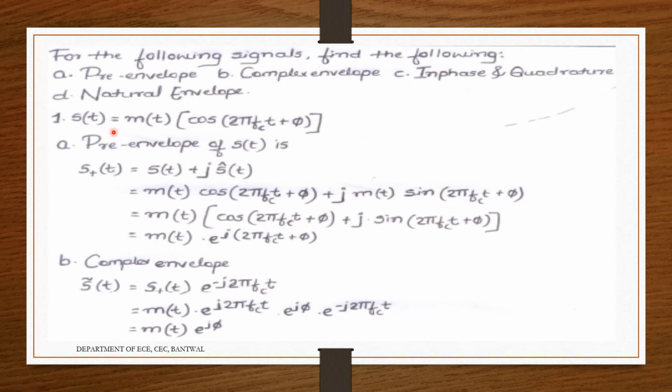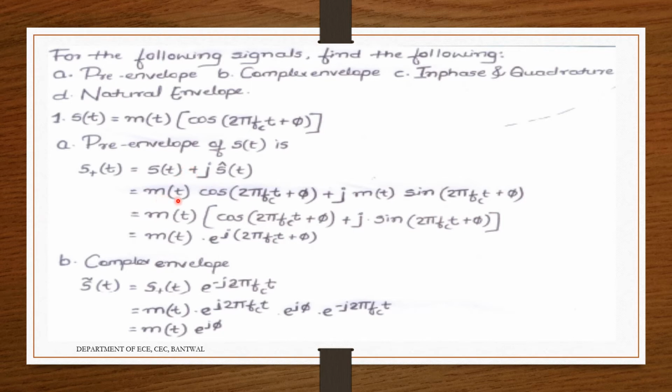The first one: s of t is equal to m of t into cos 2 pi fct plus pi. First, we need to find the pre-envelope of s of t. The pre-envelope of s of t is s plus of t, which is equal to s of t plus j s cap of t. That is nothing but the Hilbert transform of s of t.